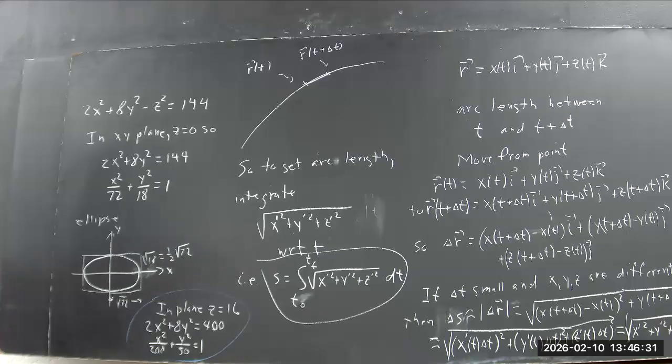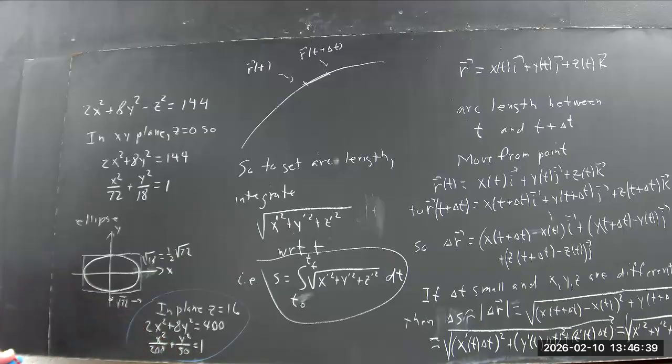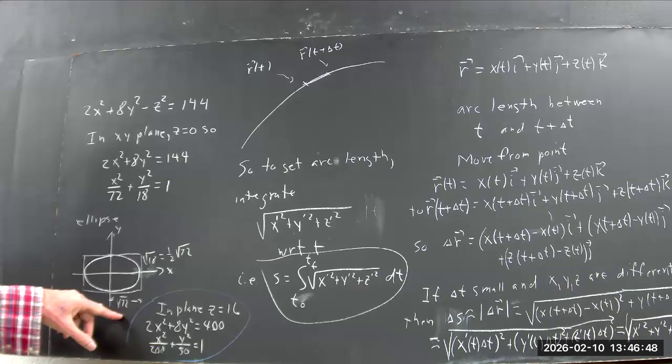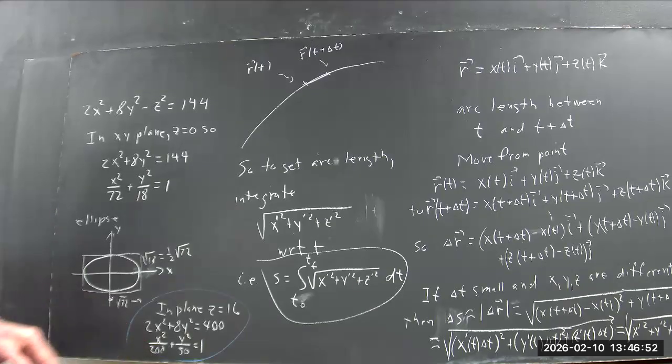Okay, well, the square root of 200 is a little over 14, and the square root of 50 is a little over 7, compared to the square root of 72, which is 8.5, something like that. Here you have 14.